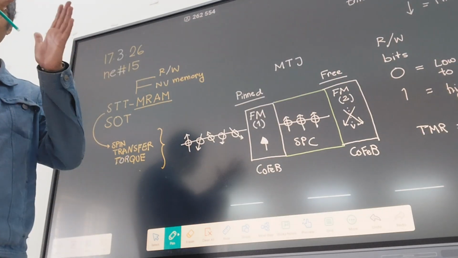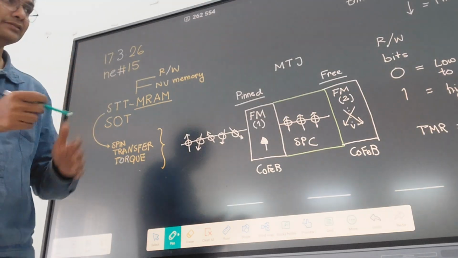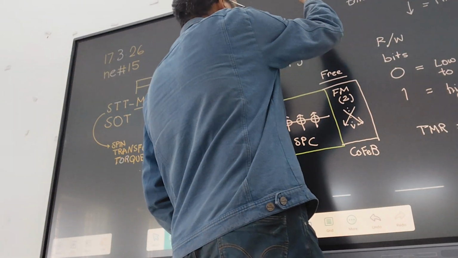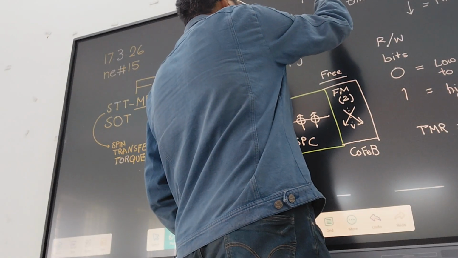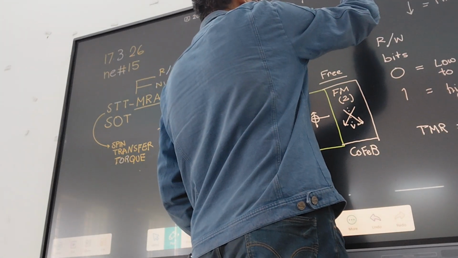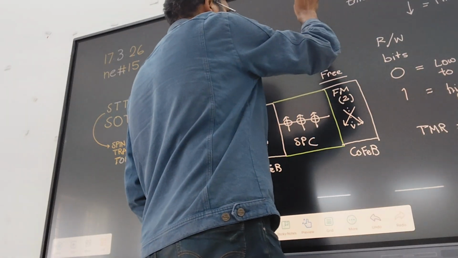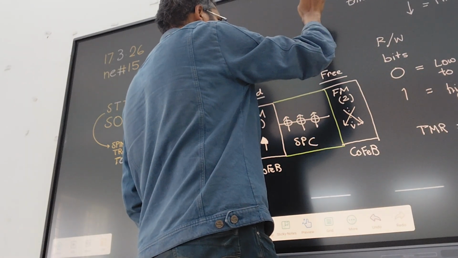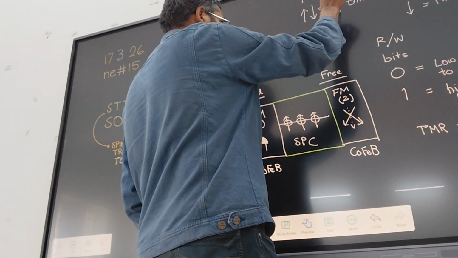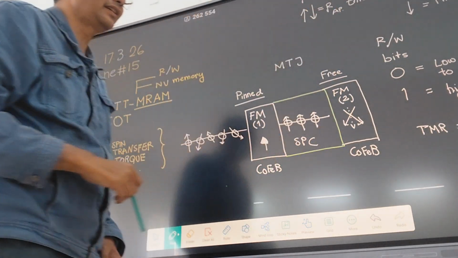Parallel is when the magnetizations are in parallel directions. If they are in the parallel direction, the magnetization will be in this direction. Antiparallel represents RAP: the magnetic lines of force are in opposite directions. Okay.